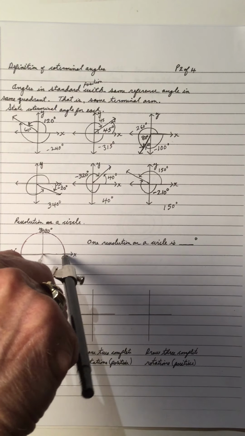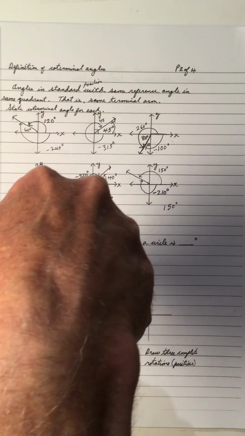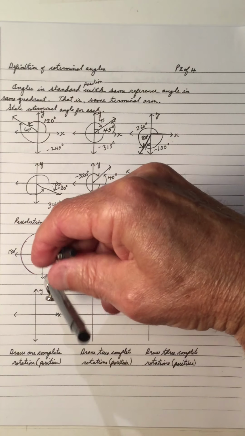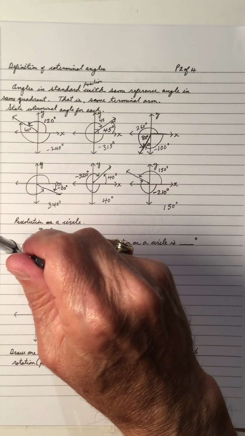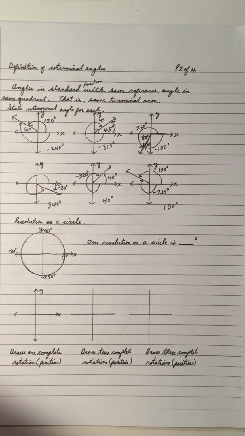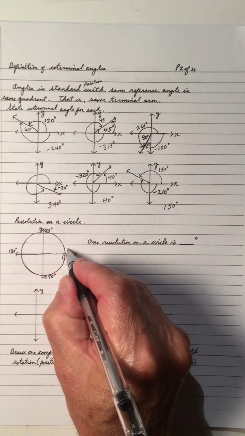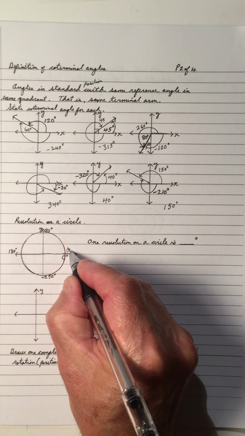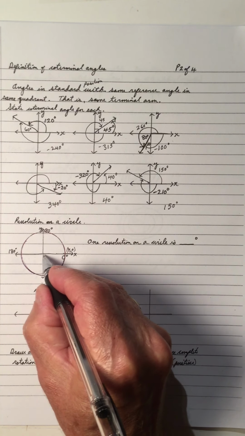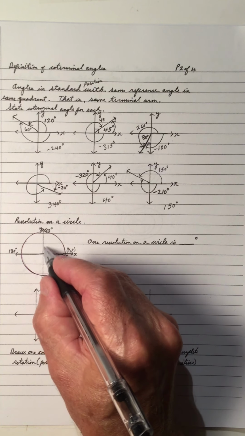So this circle has a certain radius. We're not worried about what the radius is. And if I complete this right around, so there's the circle, and the radius is from here to here, so this point right here is r, 0, and that's the radius from there to there. And the radii are the same on the circle.